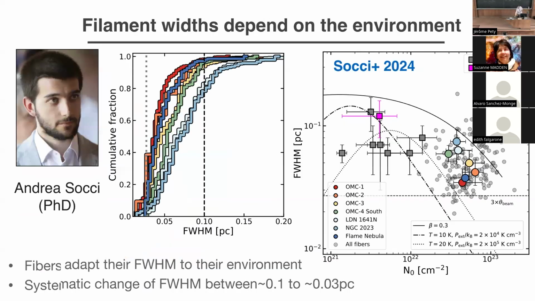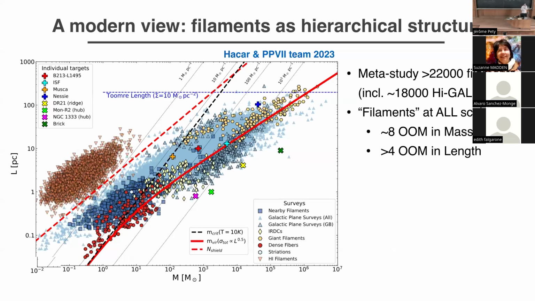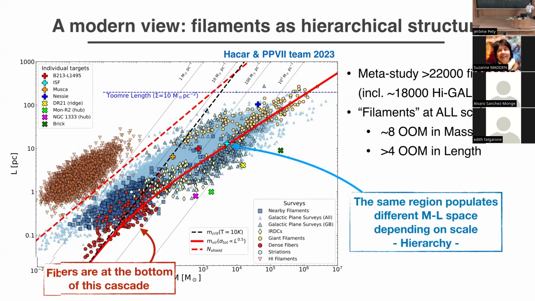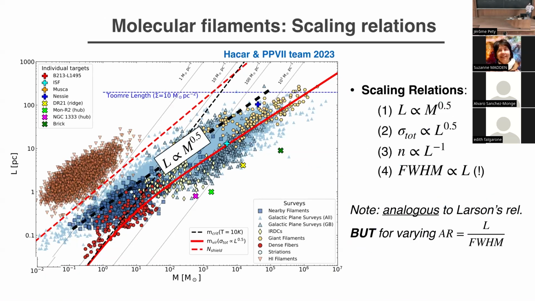Sorry, L going as the square root of the mass. So that's equivalent to mass going as the square of the length, and this means there is a characteristic surface density. I mean, for a typical aspect ratio. My worry is that, of course, any observations have their sensitivity limit.